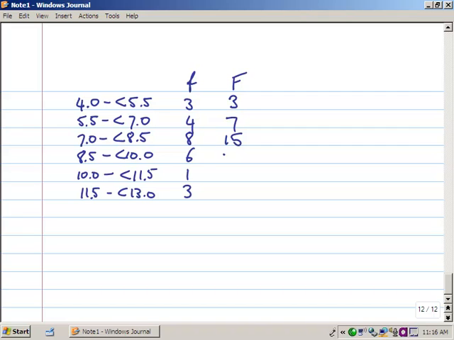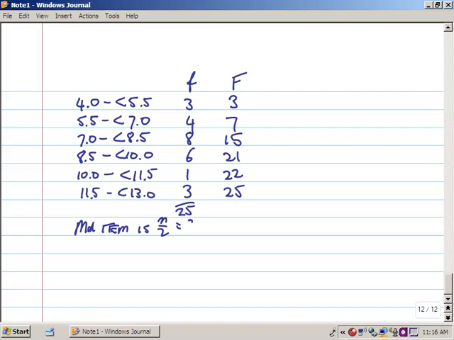Number of items less than 10 is 15 and 6, 21. Number of items less than 11.5, 21 plus 1 is 22. And finally, 22 plus 3 is 25. Make sure always that the sigma f and the cumulative frequency at the end are the same, because they have to be.